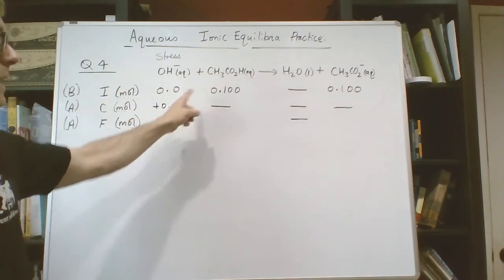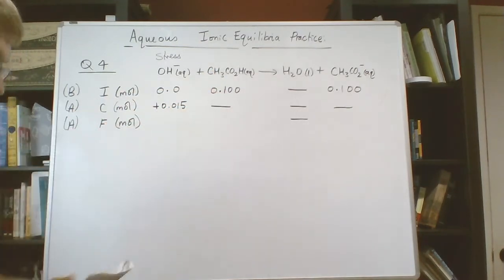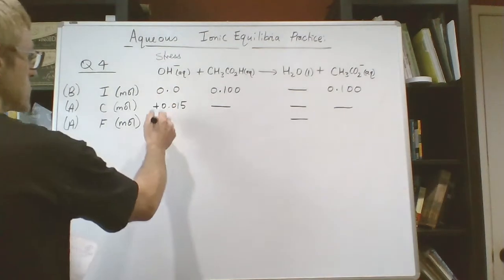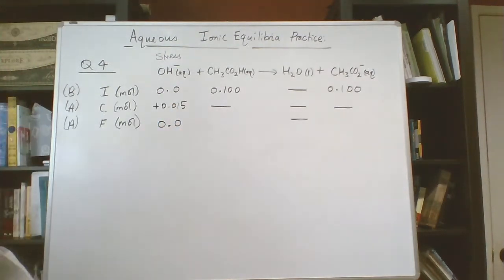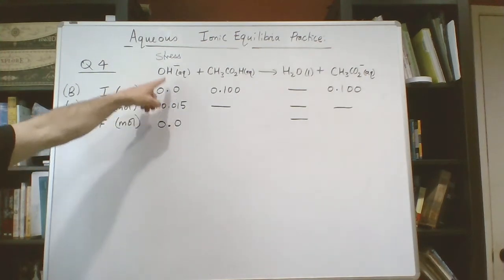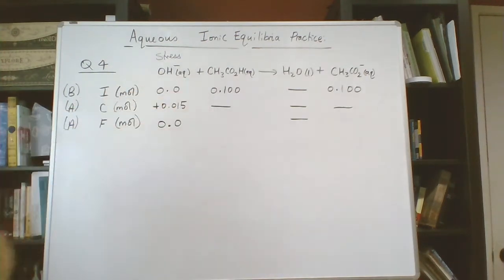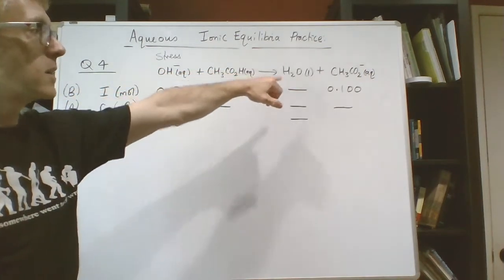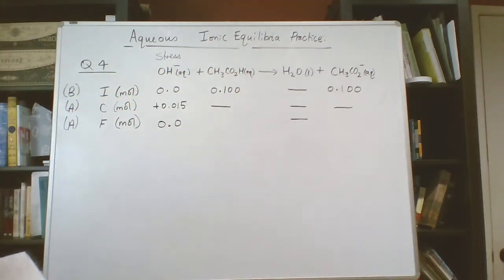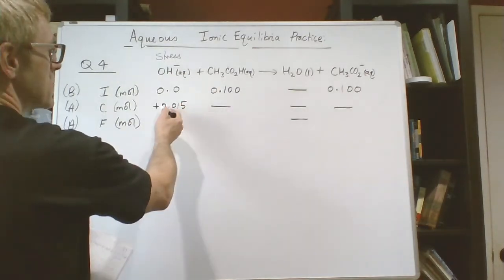It's going to annihilate its equivalent of the weak acid, and it's going to produce product. So there won't be any hydroxide left. It will all have incorporated, it will have deprotonated this H here to make water. And it will take this much away from here.